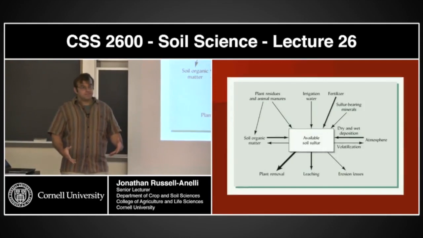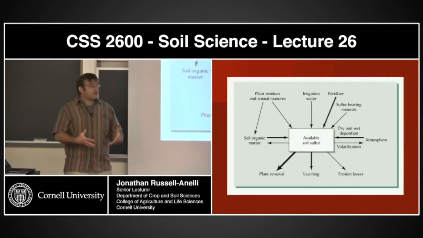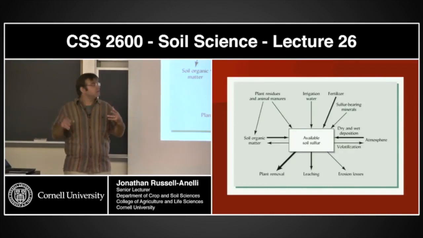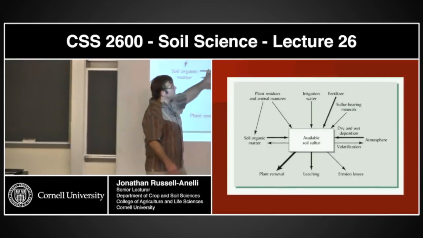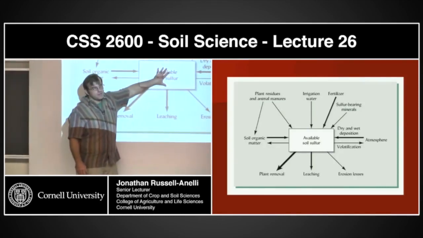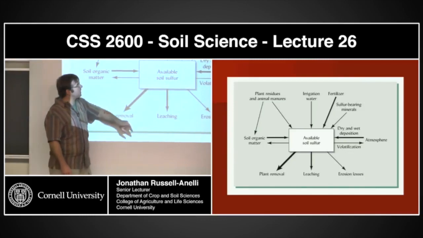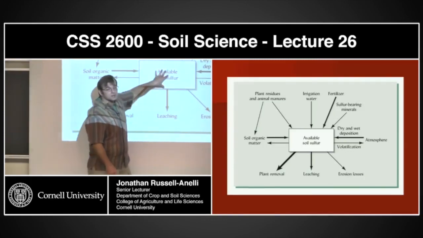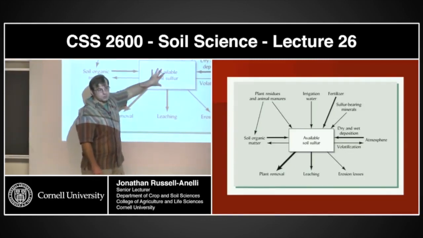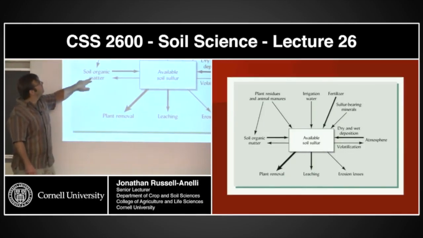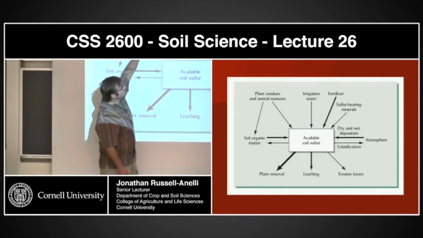Finally, if we think about how sulfur is available in the system, and we think about that sulfur cycle, the available soil sulfur that can be taken up by plants is this pool right here. Well, what affects that pool? Certainly things that are taking it up, actually right here, going up to plants.